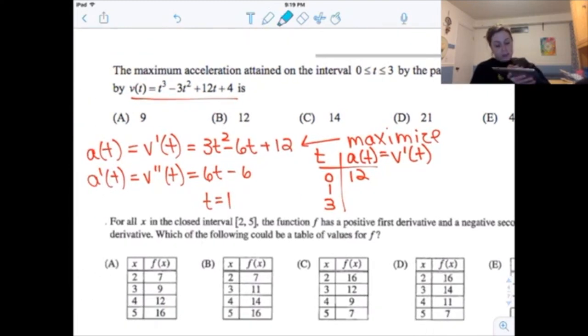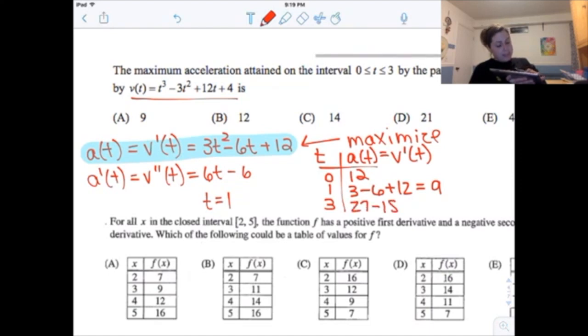If I plug in 1, I get 3 minus 6 plus 12, which is going to be 9. And if I plug in 3, I get 27 minus 18 plus 12. So that's 27 minus 18 is 9, plus 12 is 21. So my maximum there is 21.